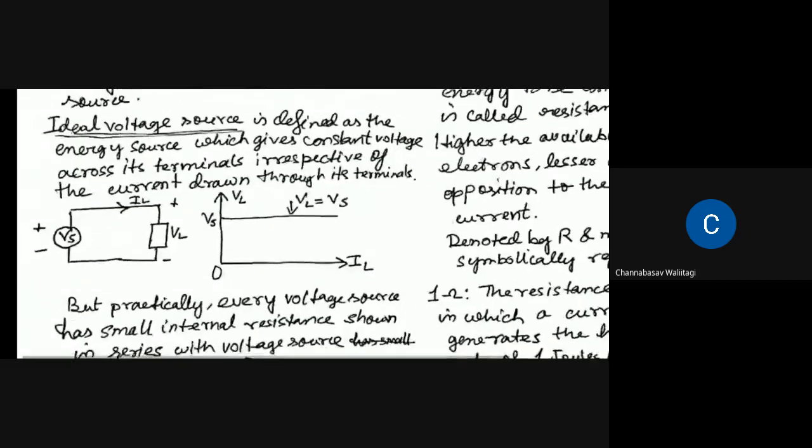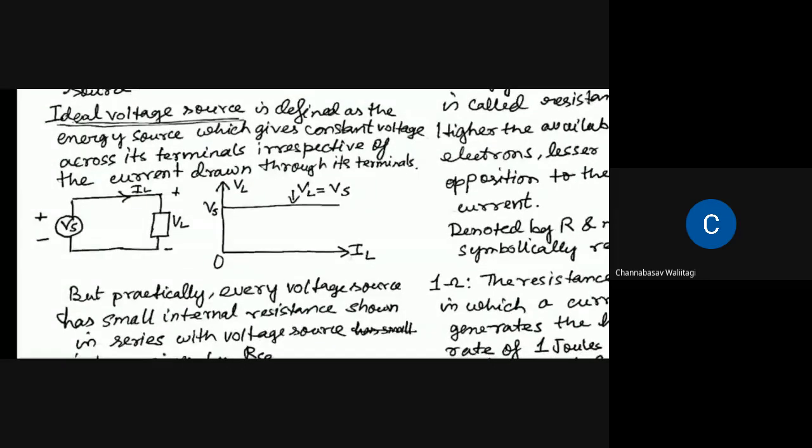So ideal source was something which in case of DC gives a straight constant voltage throughout, irrespective of whatever the current is drawn from it. But practically it is not possible, because in all circuits there is always some very small amount of resistance present in it.